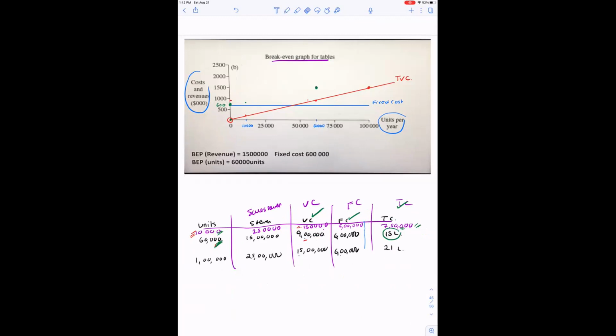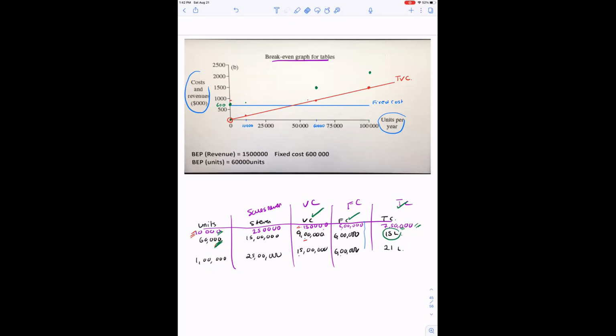Now, if I produce 1 lakh units, my total cost is 21 lakh. Just look properly. It should be a bit proper. So 21 lakh if I'm producing 1 lakh units.